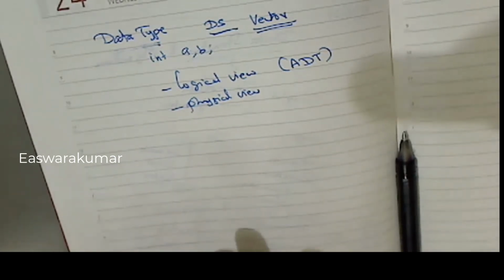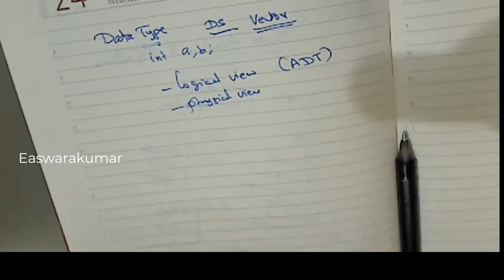It's a mathematical model that gives a set of utilities without any implementation details. So that is what is called abstract. Here also, the data structure in the logical view is considered an abstract data type. That means as far as the user is concerned, the user knows that for this data structure, these are the operations that can be performed.